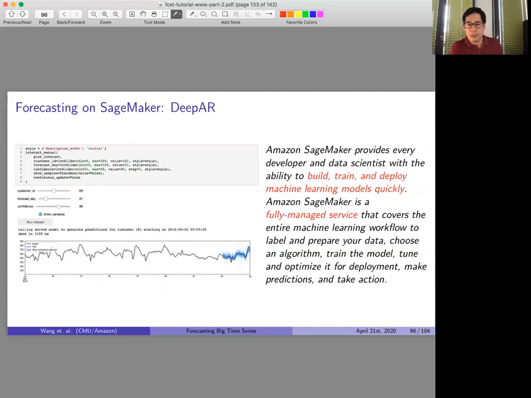Because it's available in SageMaker, you can take advantage of all the tooling that comes in SageMaker, so you can quickly build, train, and deploy machine learning models. And because it's fully managed, bringing this DeepAR-based solution to production should be relatively straightforward.